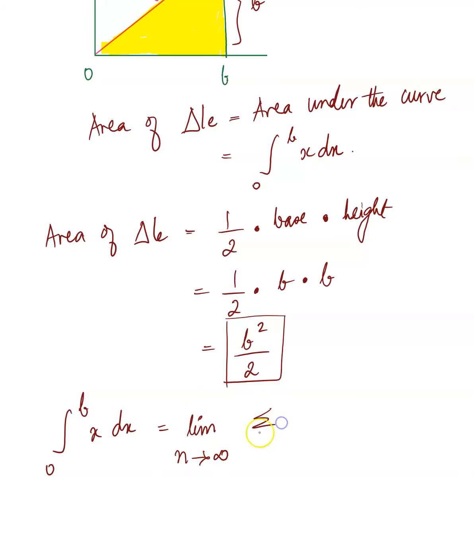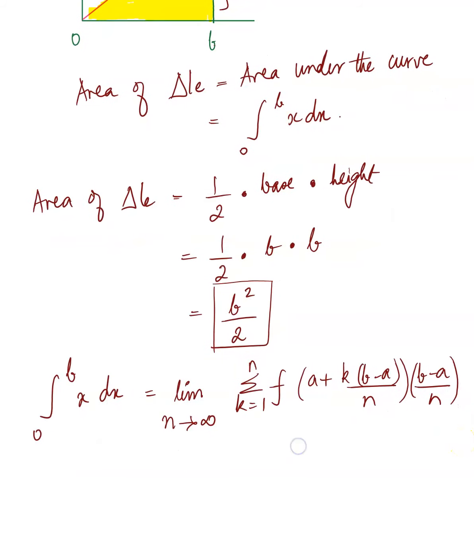And if you recall, we said this is a plus k times b minus a over n times b minus a over n. Remember that expanded one? This is coming in very handy because I am just using the right hand points method.